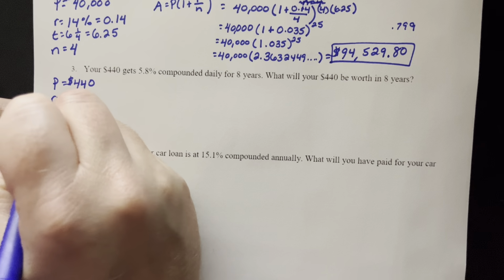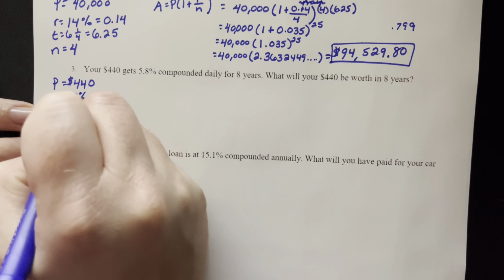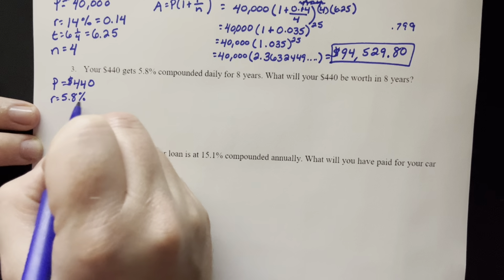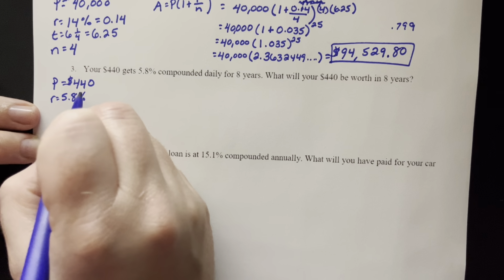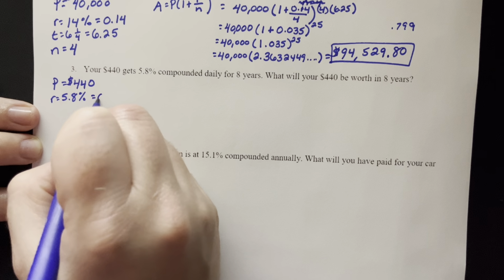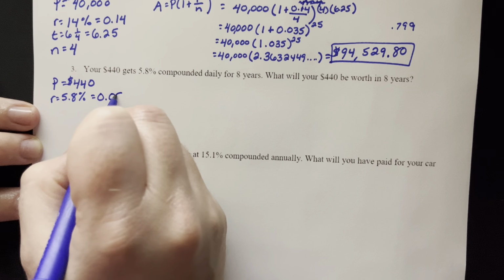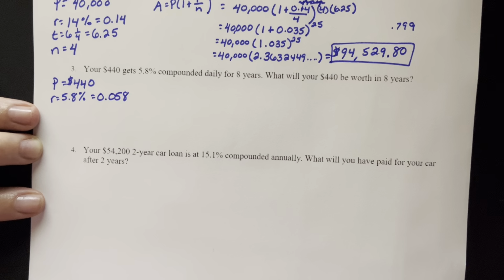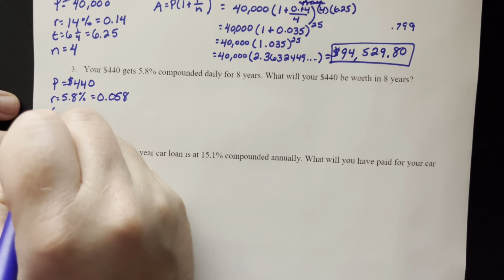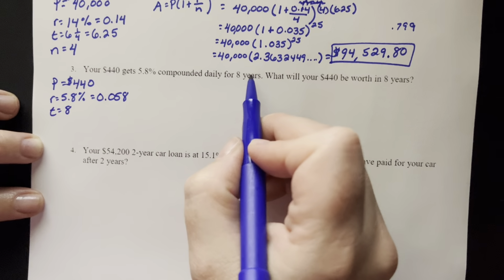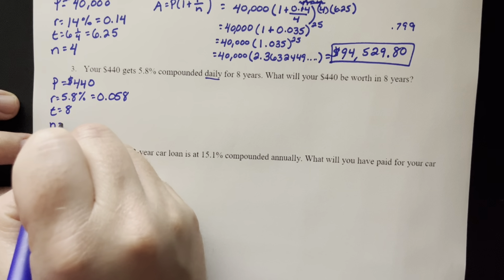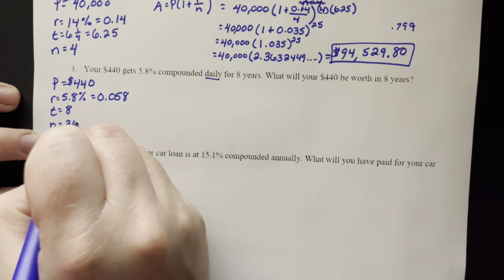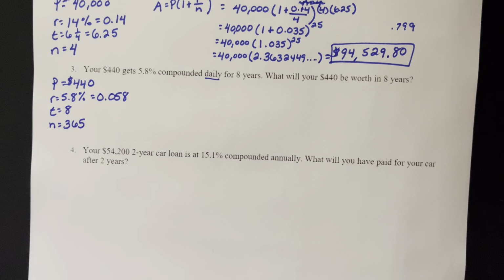Our rate was 5.8%. So again, it's a percentage. We need to rewrite this in a decimal, so 0.058. Our time is 8 years. And then daily tells us our intervals are 365 days.